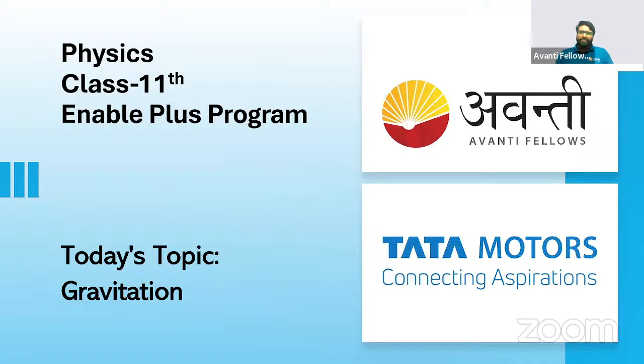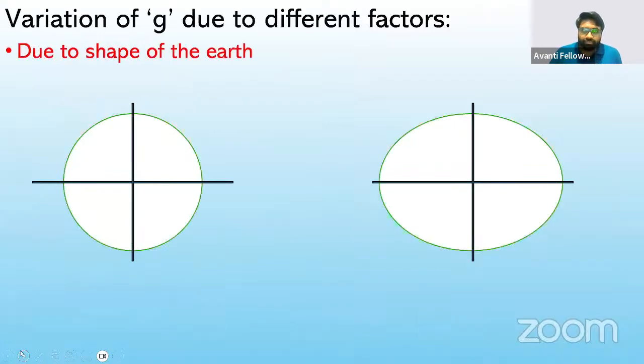So there is a lot we discussed in the previous session about Newton's gravitation law. Now in this session also we are going to repeat the same. Firstly, we will revise that concept, the variation of g due to the shape of the earth and due to the rotation of the earth. Okay.